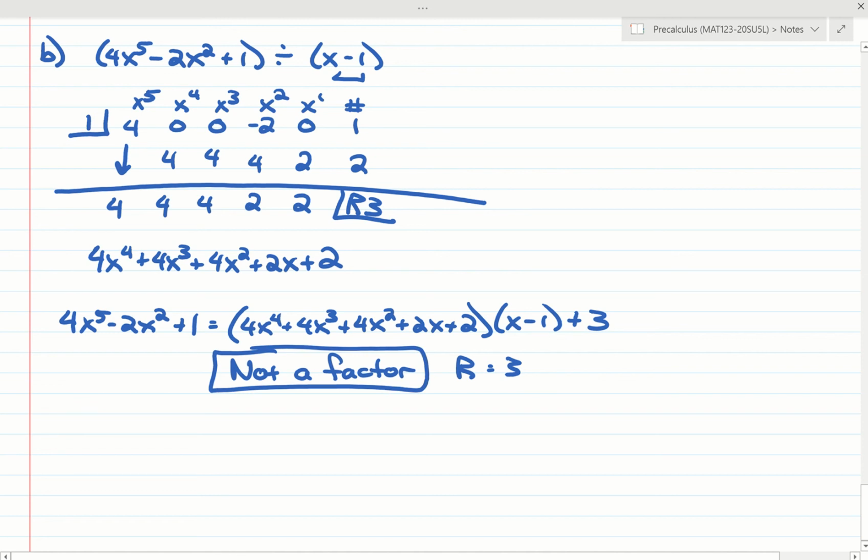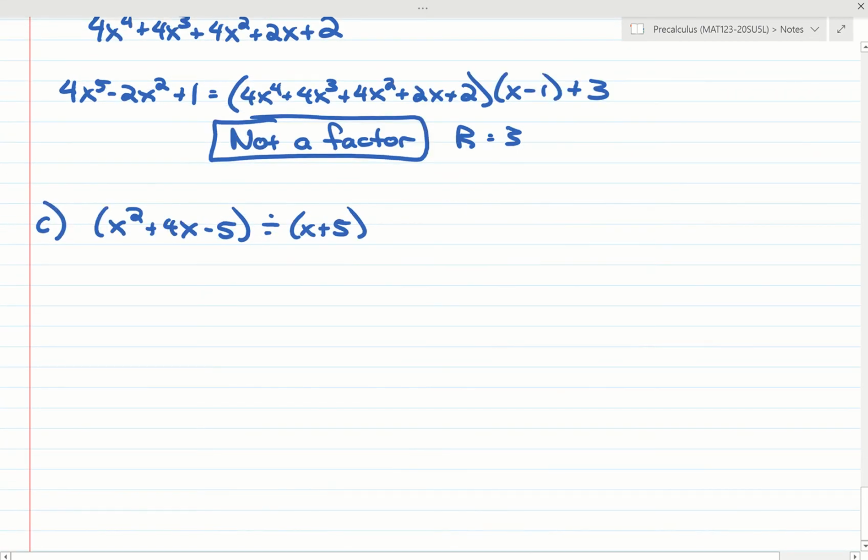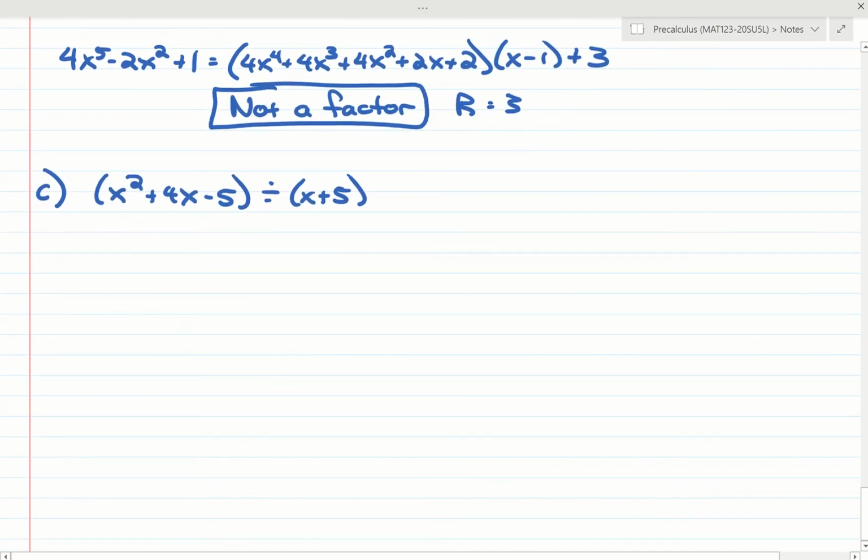Okay, so let's do something else. Let's try this one. x squared plus 4x minus 5 divided by x plus 5. So let's do the same thing, right?